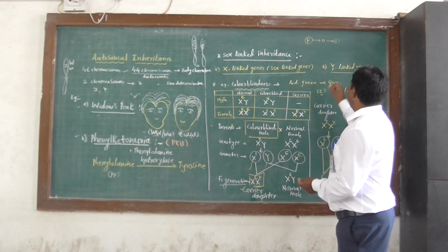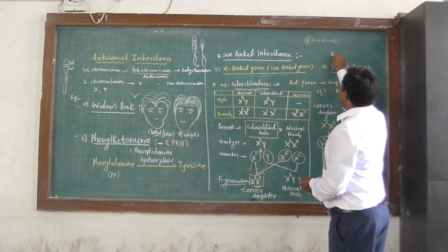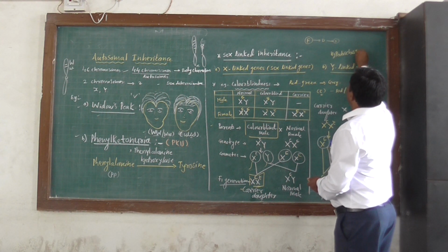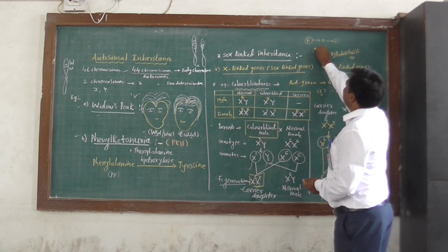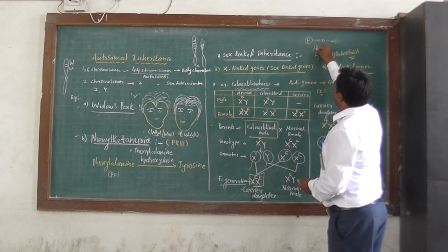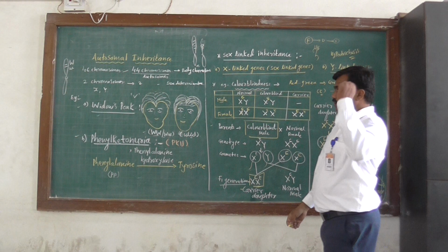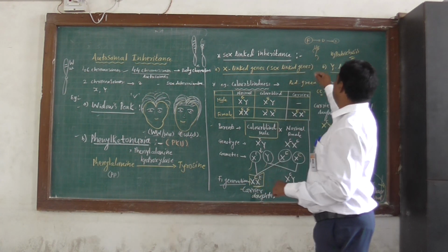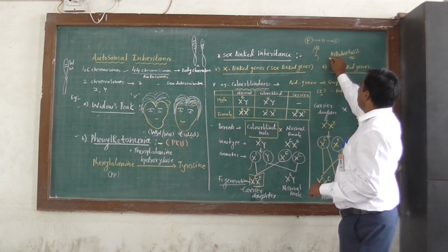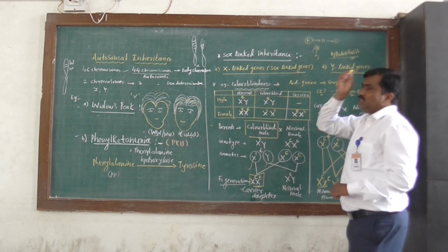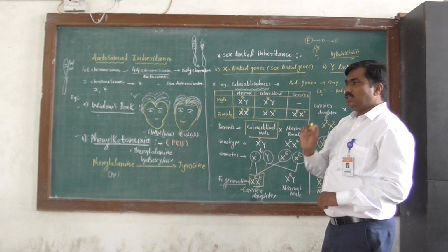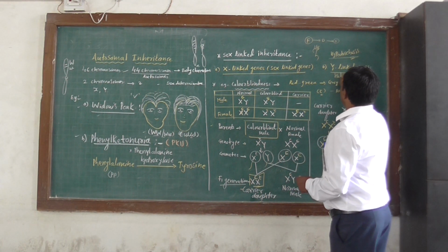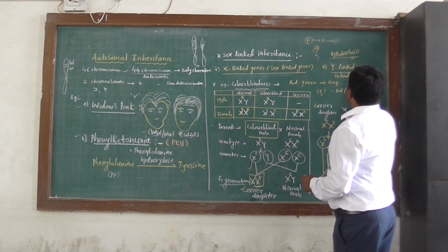A good example of a Y-linked gene is hypertrichosis. Hypertrichosis means excessive hair developed on the pinna of the ear. On the pinna, excessive hairs are developed. This trait is known as hypertrichosis, and the genes responsible for it are called polyandric genes.